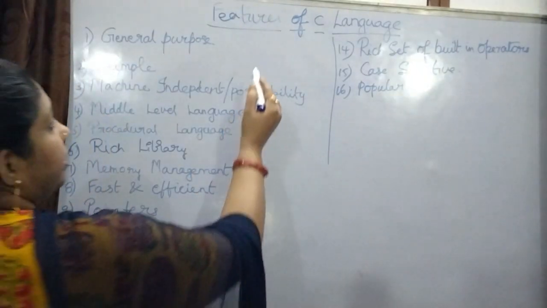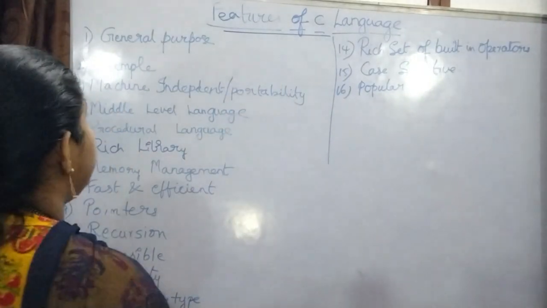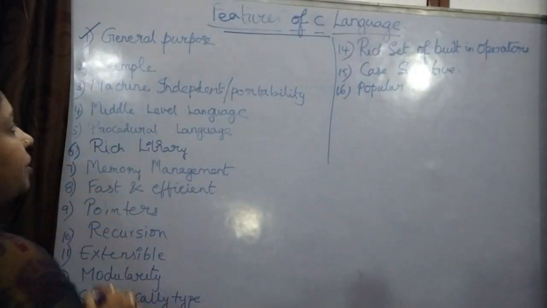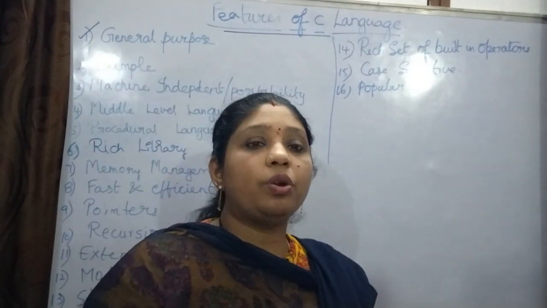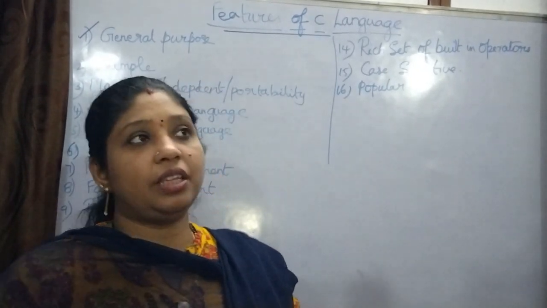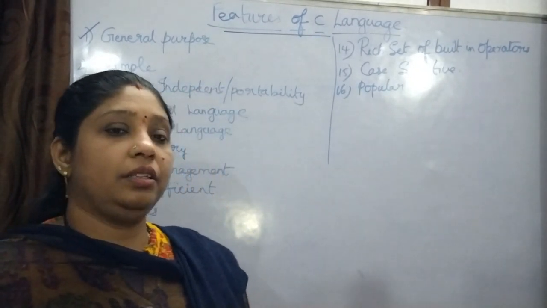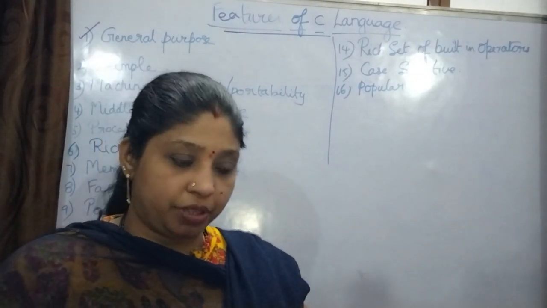Now I said these are the features of the C language. The first feature is general purpose. C language is a general purpose language. What is the meaning of general purpose language? The purpose of C is general purpose.